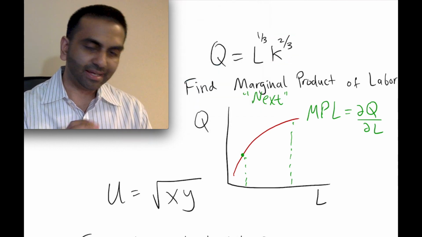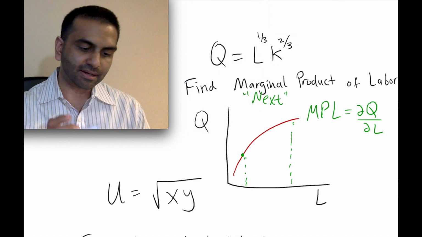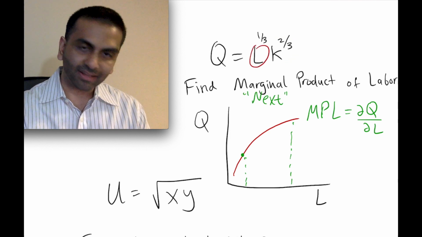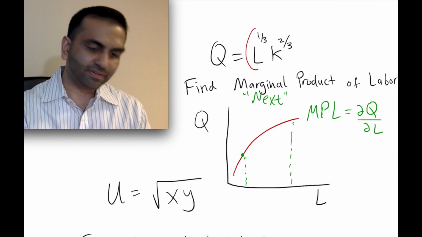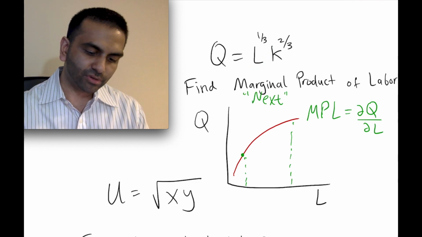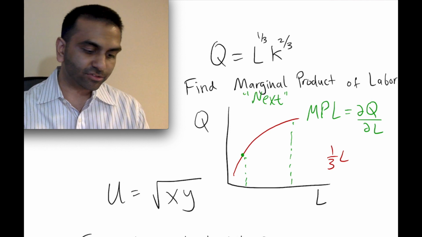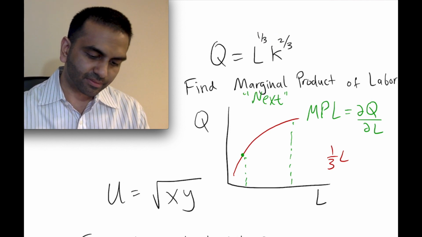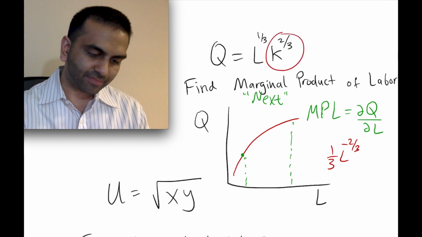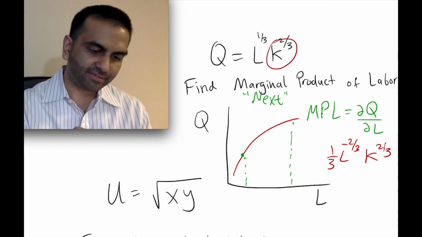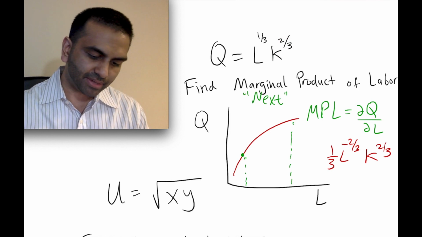Notice here, K to the 2/3 power is treated like a constant because it's the partial derivative, so we're only treating L as our variable. So the derivative of L to the 1/3 is 1/3 L to the 1/3 minus 1, which is negative 2/3. And then we have this K to the 2/3 as is, like a constant multiplied. So this is your MPL.